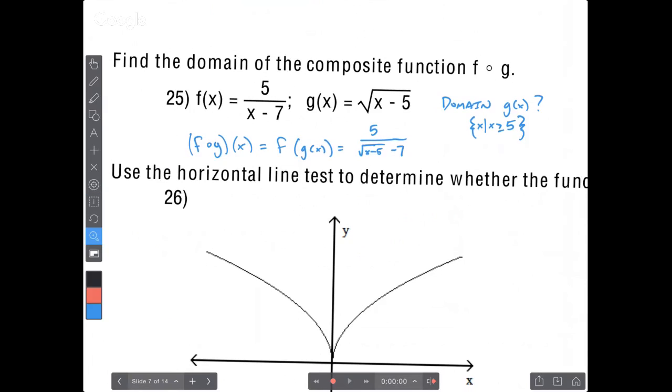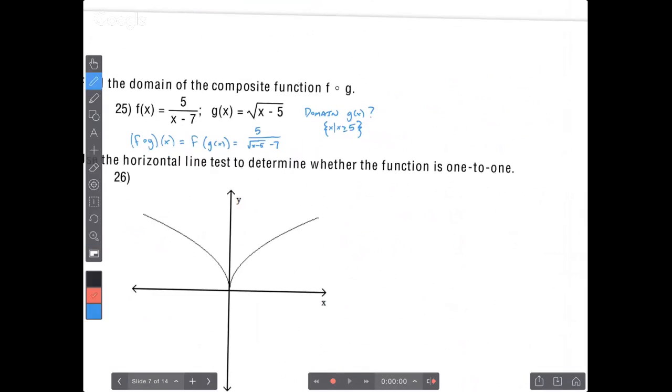So I'm going to say, for what values of x does root of x minus 5 minus 7 equal 0? Because that can't be allowed. So root of x minus 5 then can't equal 7. So just x minus 5 can't equal 49.